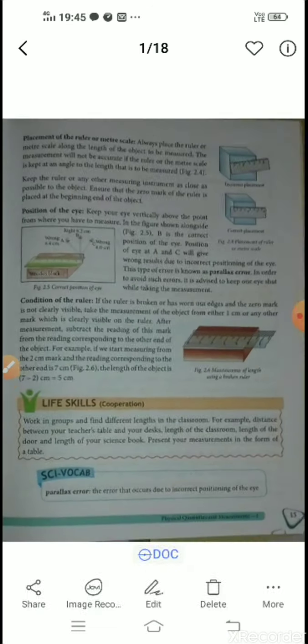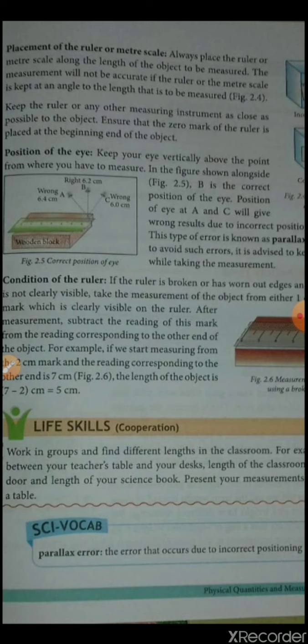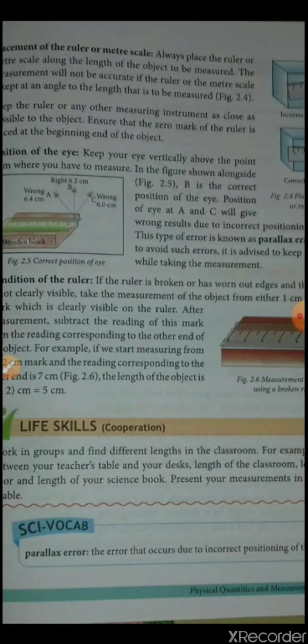Let us go. In this you will learn one important thing called parallax error. After watching that video, if you come back to this video, you can understand what parallax error means. Parallax error is the error that occurs due to incorrect positioning of your eye.